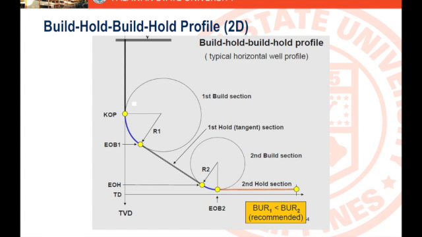So another modification of the build hold profile is the build, hold, build profile. As you can see here, you have a first build section, and then you have a first hold or tangent section, and you have a second build section, and eventually you go horizontal, almost horizontal, let's say 88 to 90 degrees, and you hold that section again, second hold section.